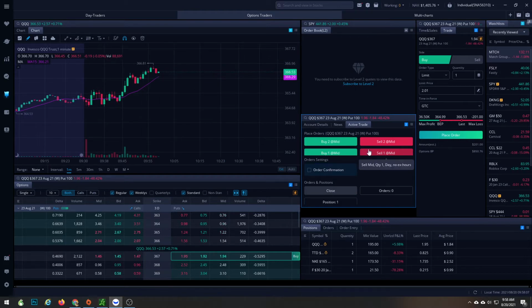I guess I'll get out now because I think it still has more upside. It's really not even worth getting in and out for that.